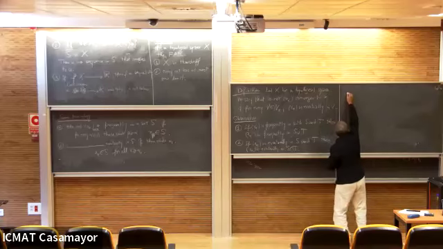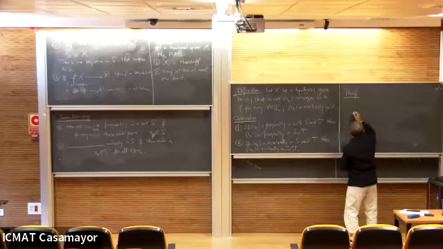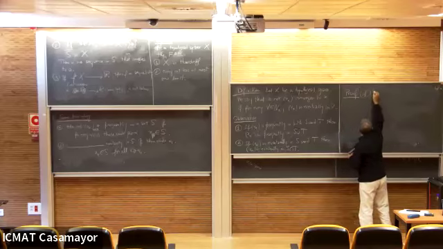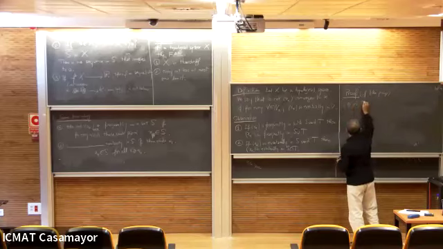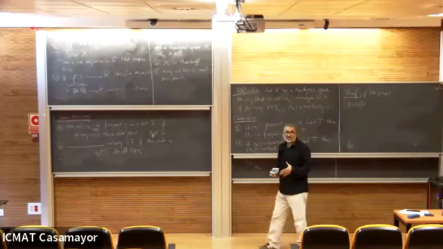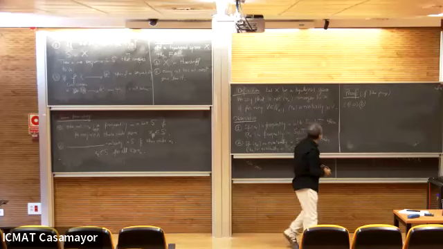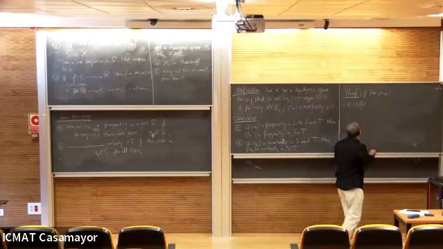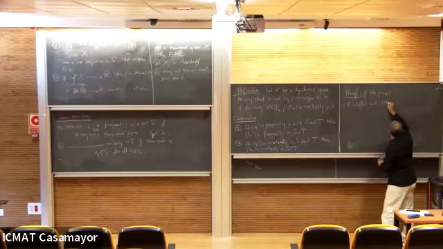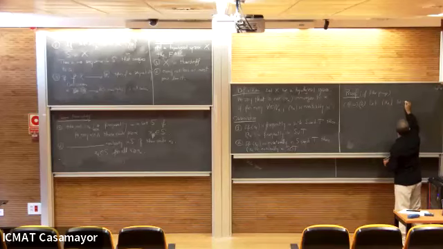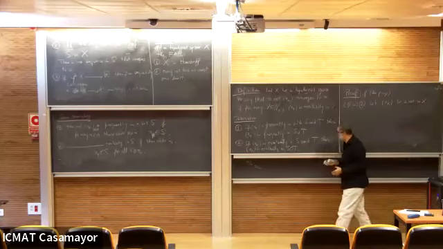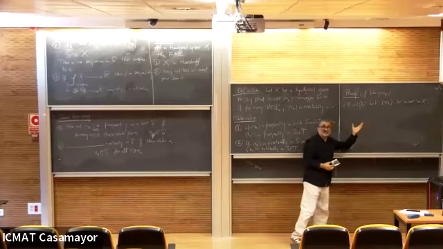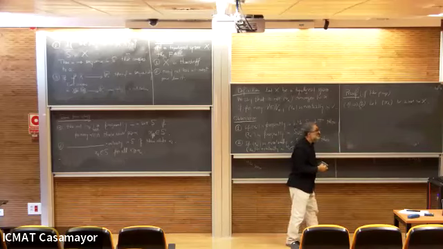Now I come back to the proof of the proposition. I want to show that if the space is Hausdorff, then limits are unique. They assume that the space is Hausdorff, and I take a net. And I will argue by contradiction and assume that the net has two limits.